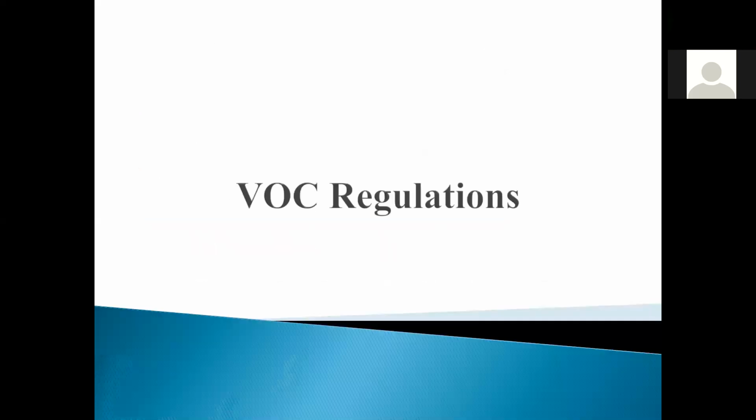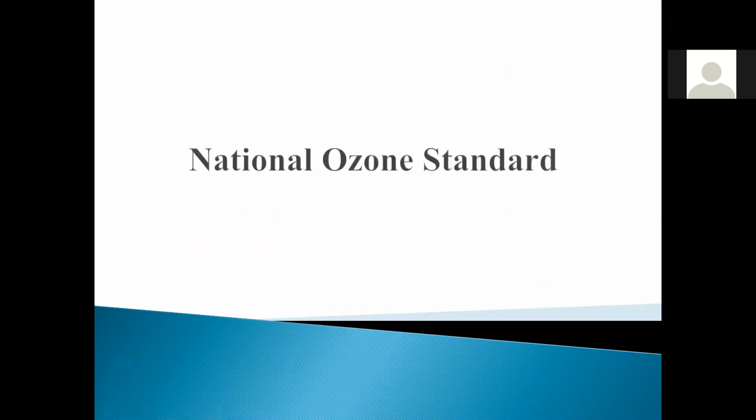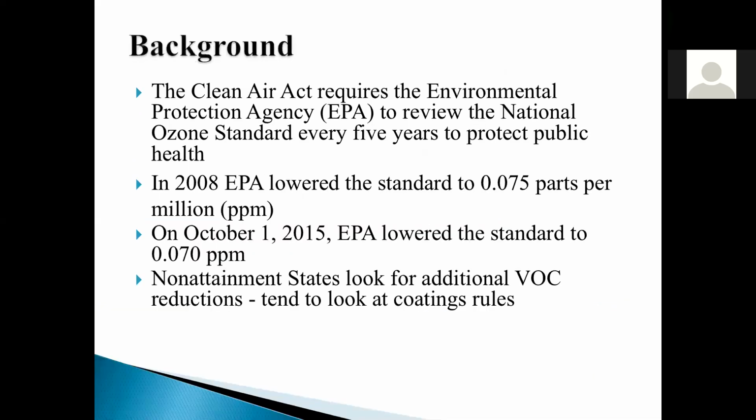So let's start with volatile organic compound or VOC regulations. A major driver for VOC regulations is the National Ozone Standard. A little background: the Federal Environmental Protection Agency, under the Clean Air Act, is required to review the National Ozone Standard every 5 years to see if it's protective of human health and the environment.